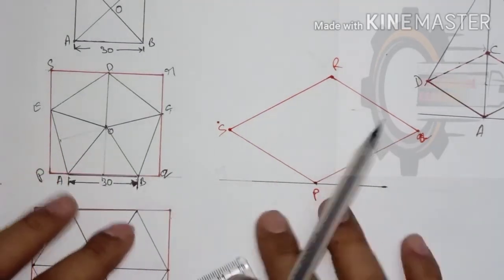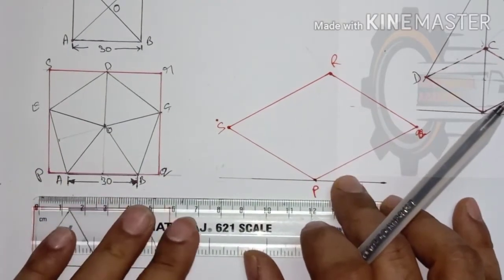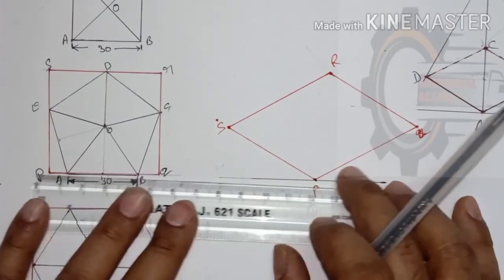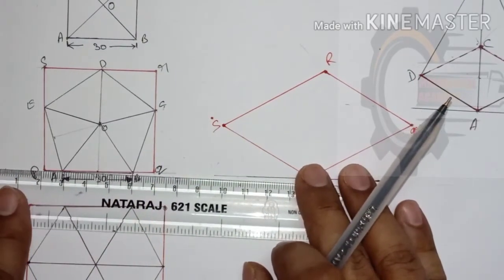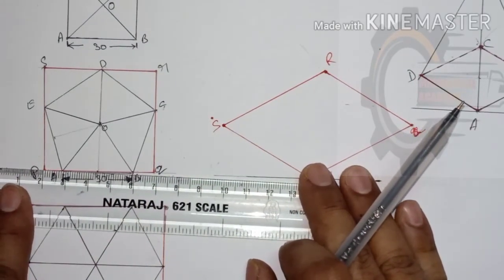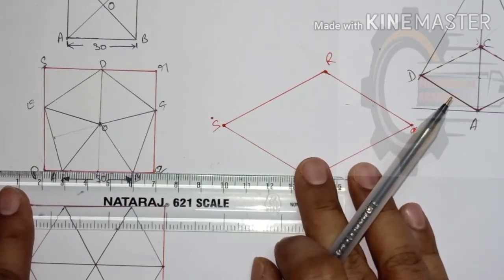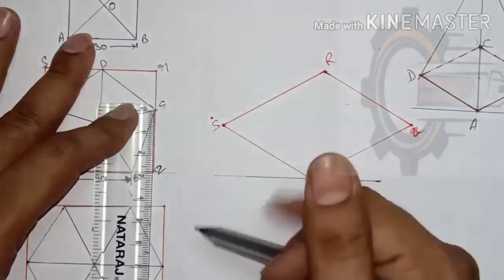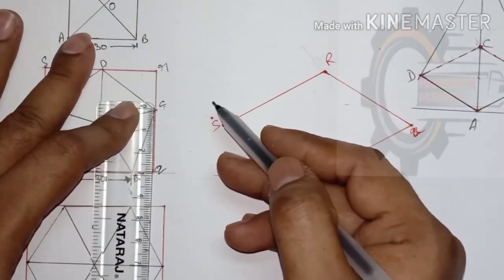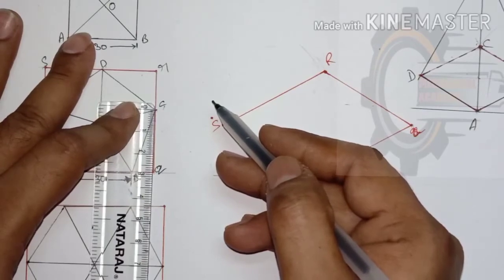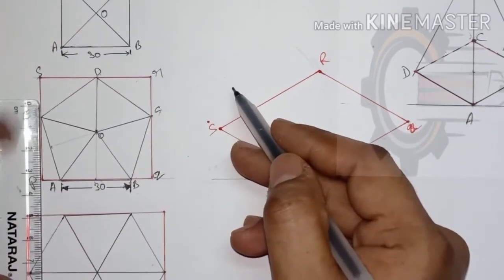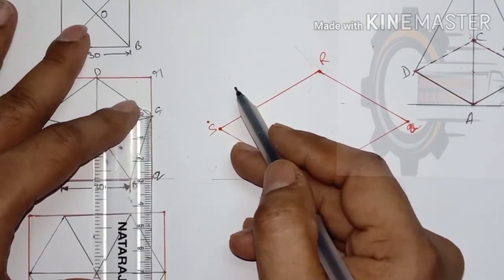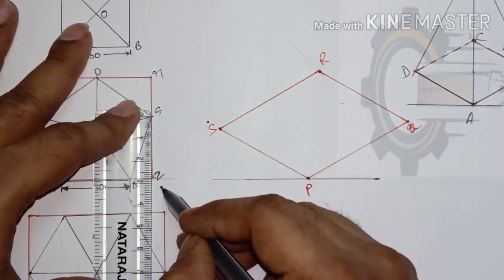So let's find out. Okay, so from P to A, we have 1 mm. So similarly from Q to B also 1 mm. Okay, now from C to Q is approximately 2.8.